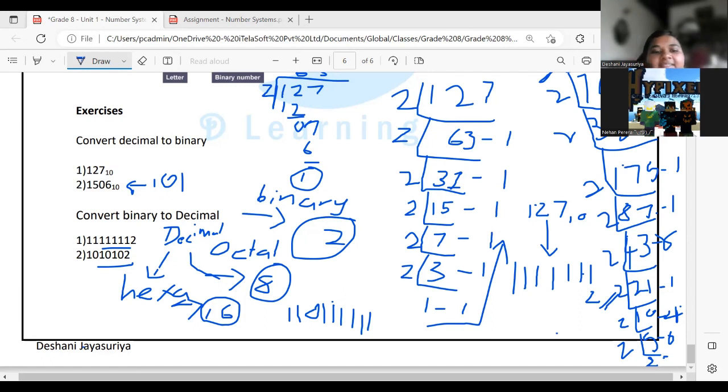Right? So here we took this 0 and this one here. And so 1 0 1 0, these 2 we can take, and this one we should not take because this is 0.